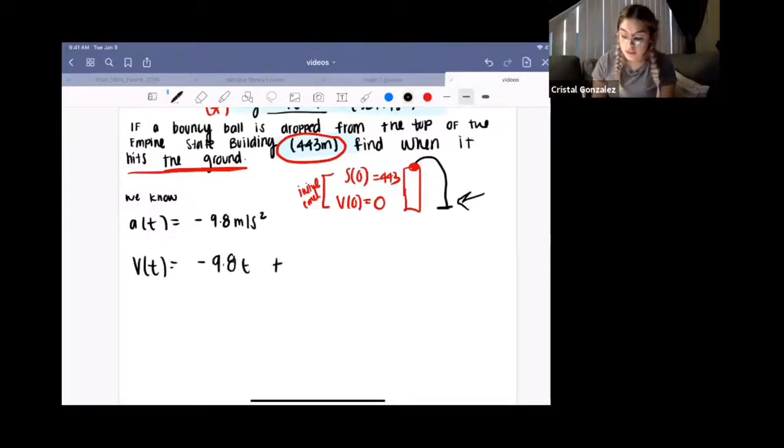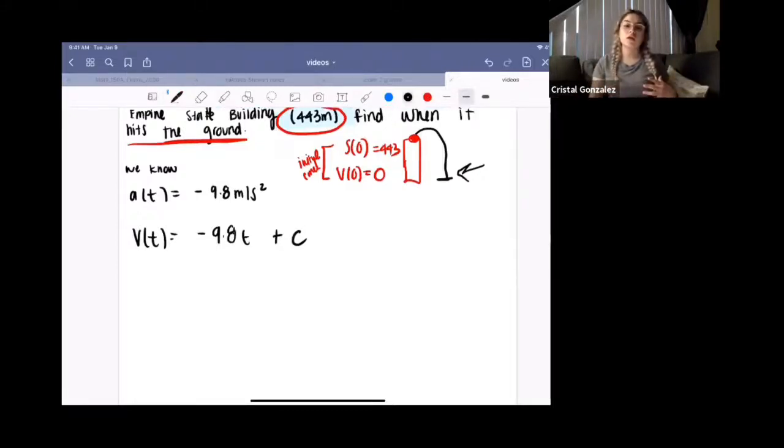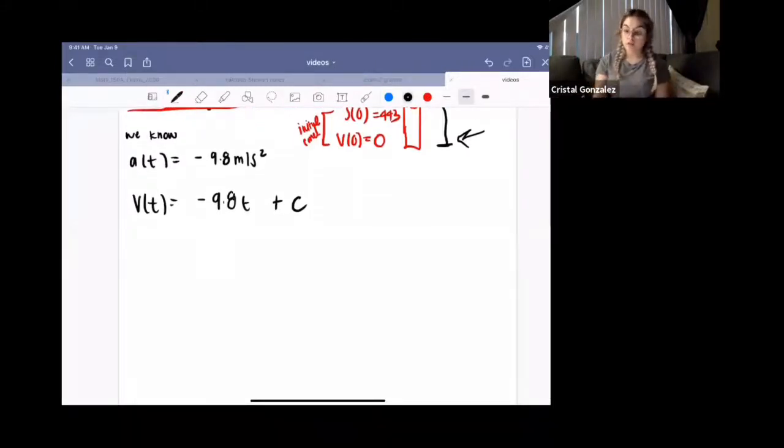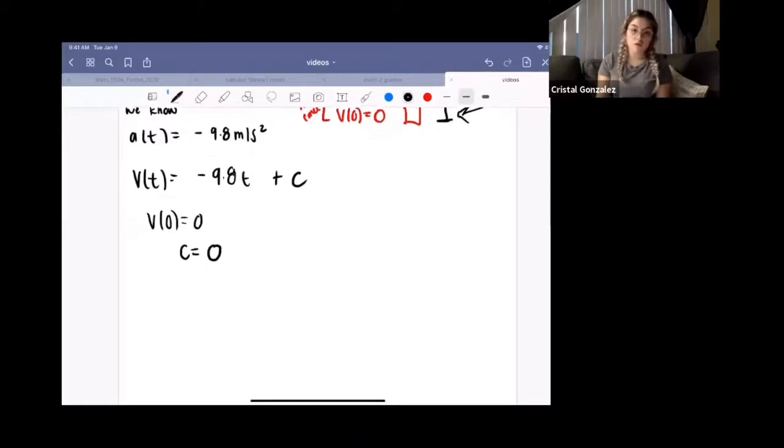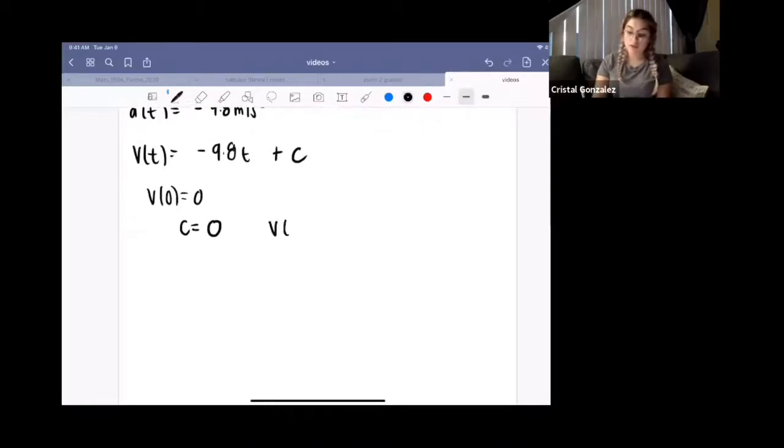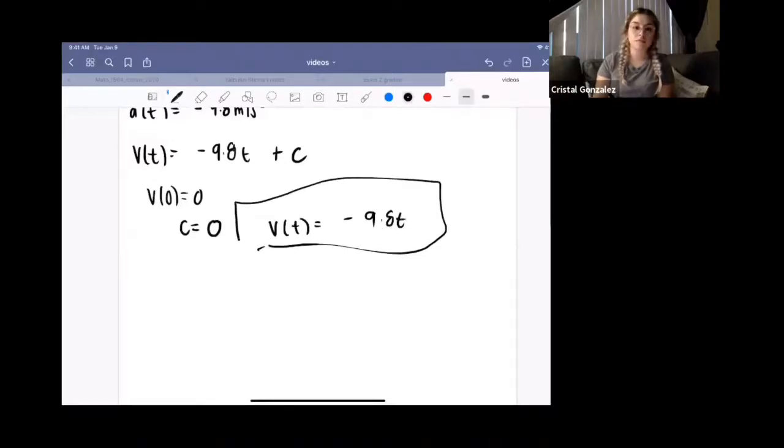Remember that V of 0 is equal to 0. If I plug in V of 0, which equals 0, I'm going to get that c is equal to 0. So V of t is equal to negative 9.8 t. That's our velocity function here.